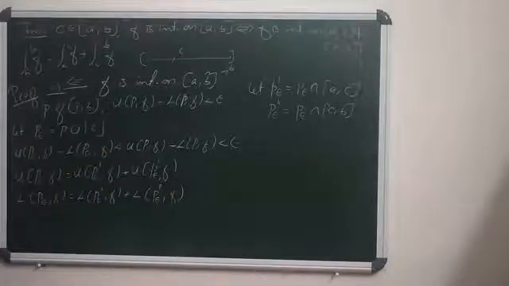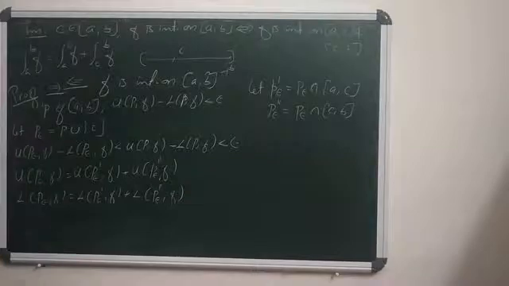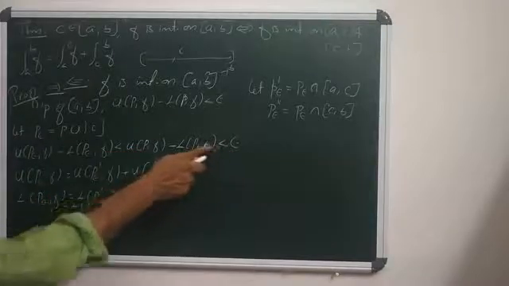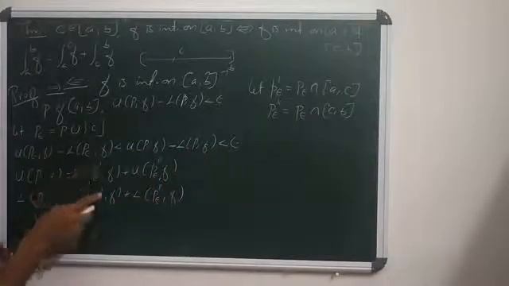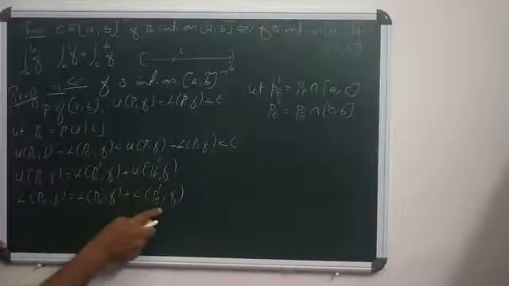Combining these two with this formula, U(P epsilon,f) minus L(P epsilon,f) strictly less than epsilon means U(P epsilon dash,f) minus L(P epsilon dash,f) plus U(P epsilon double dash,f) minus L(P epsilon double dash,f) is strictly less than epsilon.